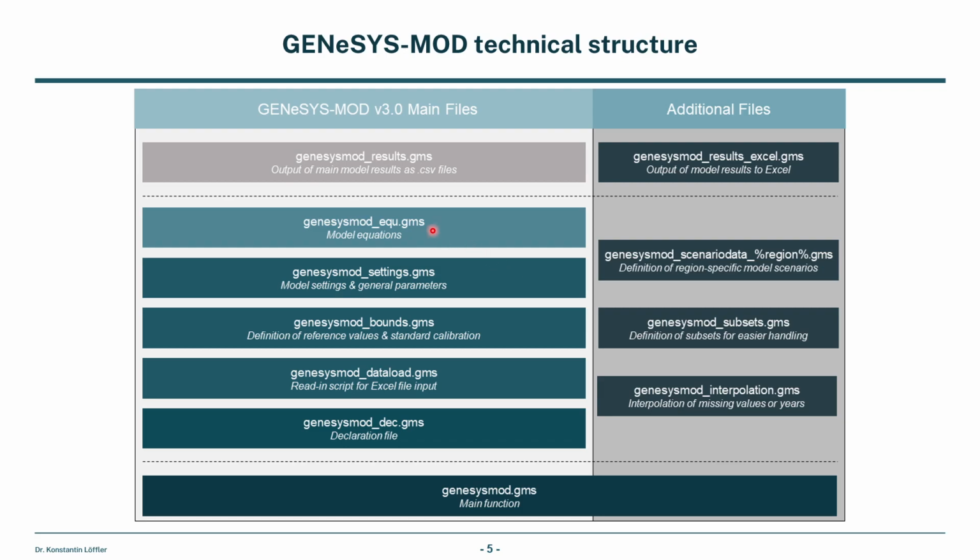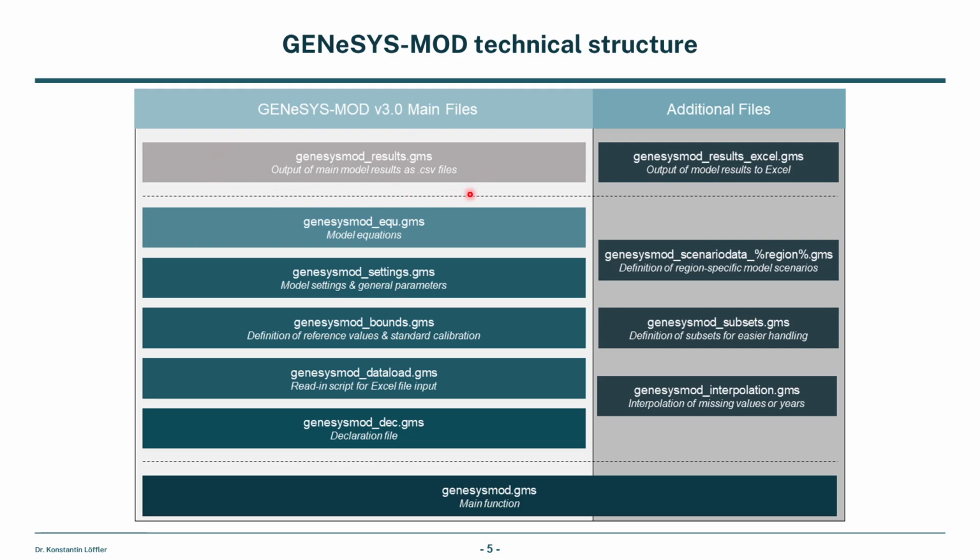The GENeSYS-MOD equation file, GENeSYS-MOD underscore EQ, contains all the equations of the model and therefore contains the actual mathematical model formulation. This is essentially the main part of the model. After that is the output data processing.